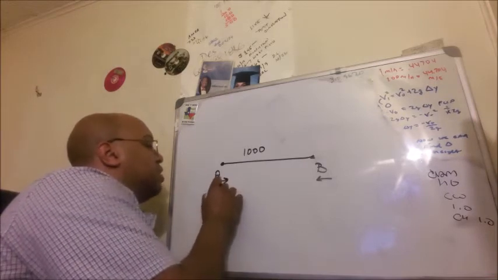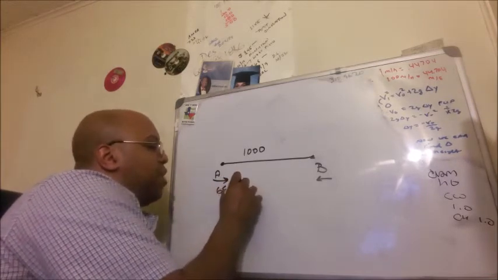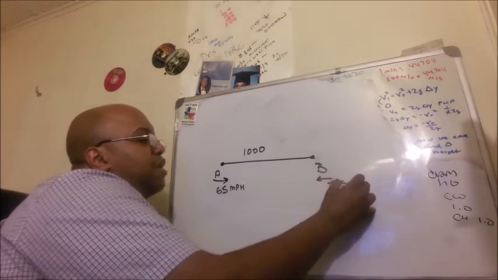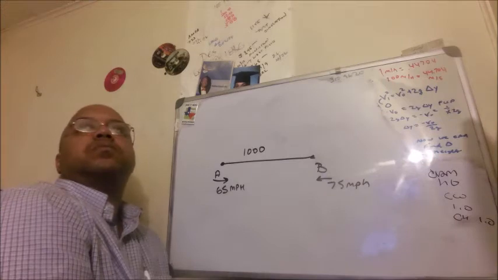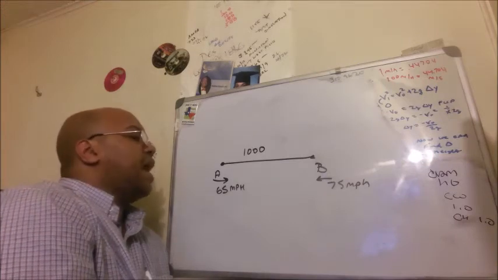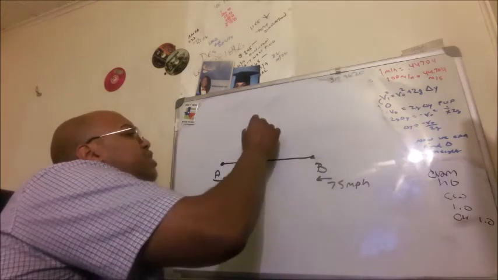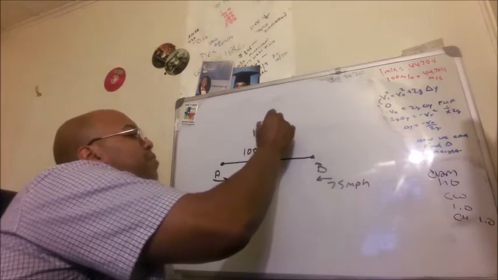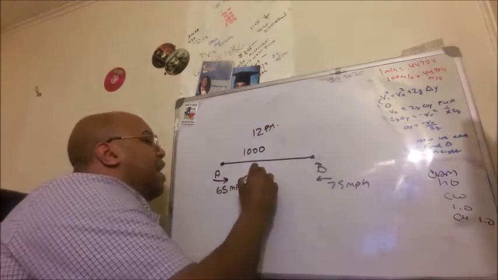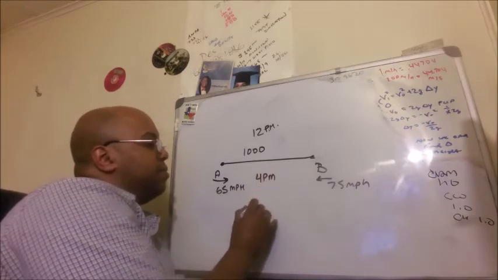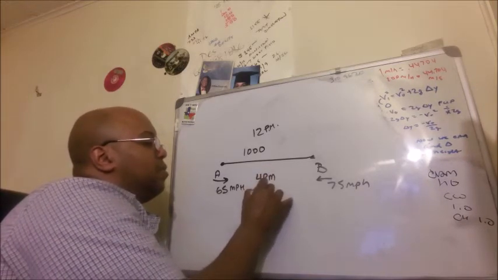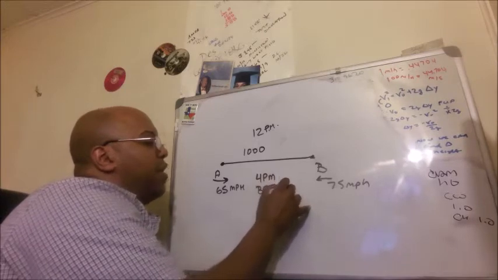This one's going 65 miles per hour, and this one is going 75 miles per hour. They start driving towards each other at 12 p.m., noontime. At 4 p.m., they're going to take a little break. How far apart will they be at 4 p.m.?